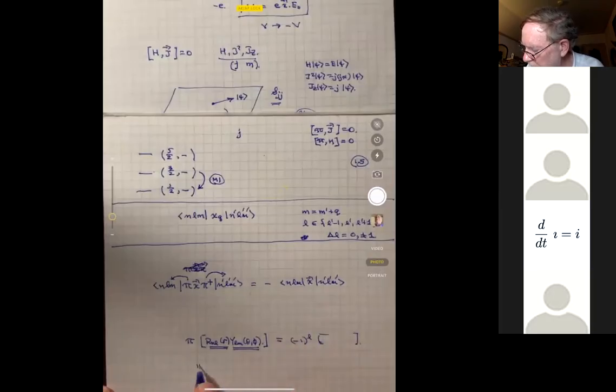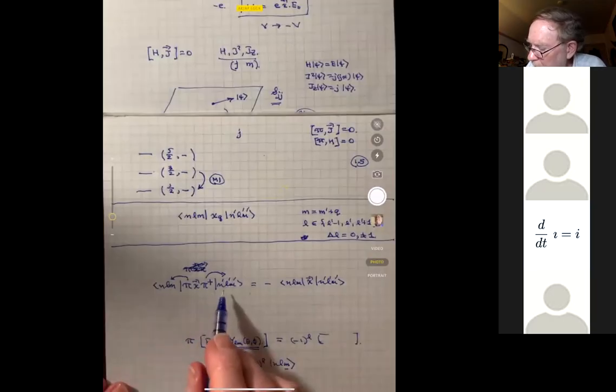Let me write this in ket language: pi acting on NLM is equal to minus 1 to the L times NLM. And notice in particular, the parity is independent of the magnetic quantum number. That's because it commutes with the lowering operators. So it only depends on the L quantum number, and it's minus 1 to the L.